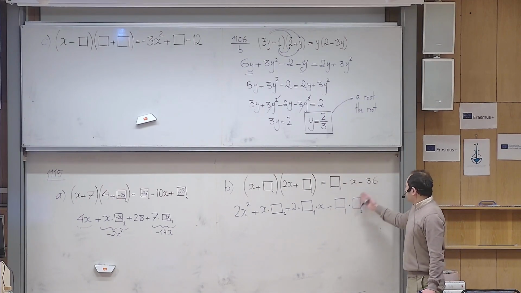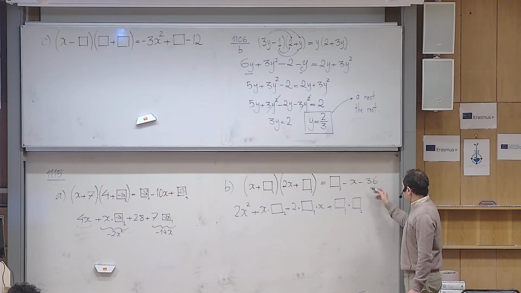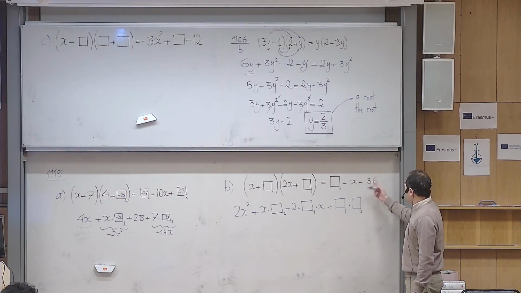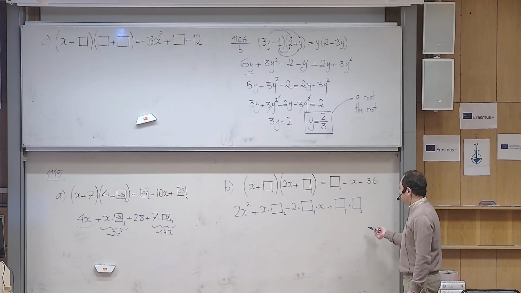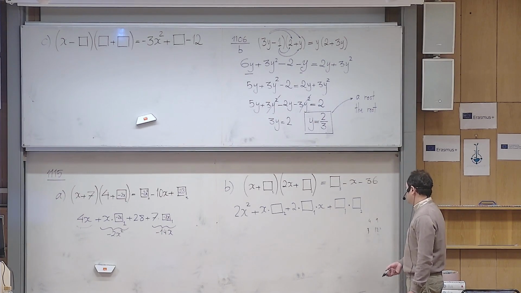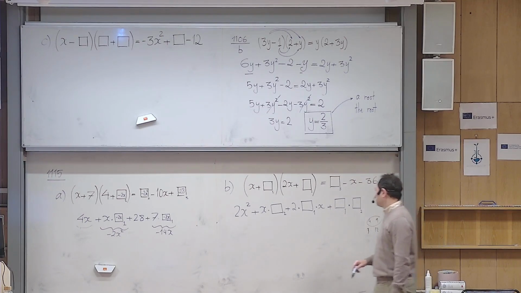So this product is supposed to be 36. So if I ask you to give me the product of 2 numbers that make 36, what comes to your mind? 4 and 9 comes to my mind, and I don't know, 12 and 3 comes to my mind. Is there any other one? 2 and 18, of course. But let us try to work with 4 and 9, okay?